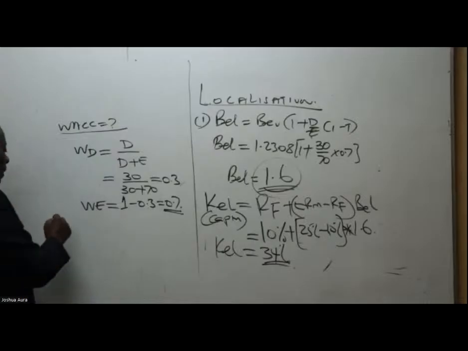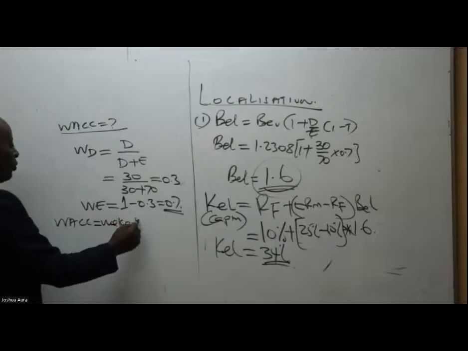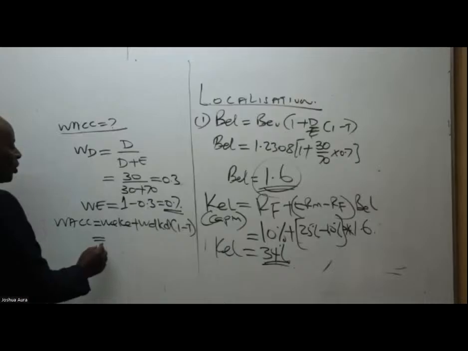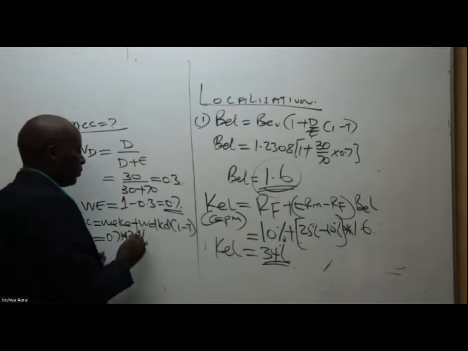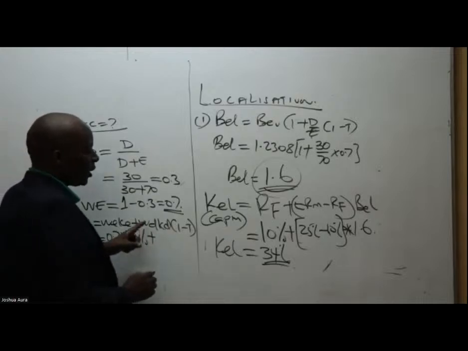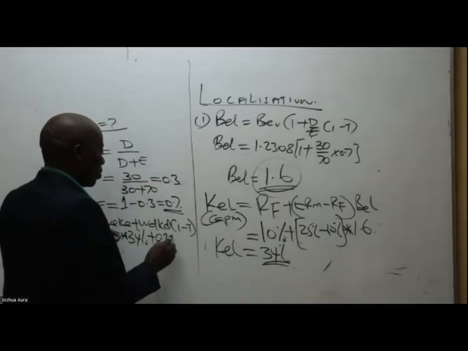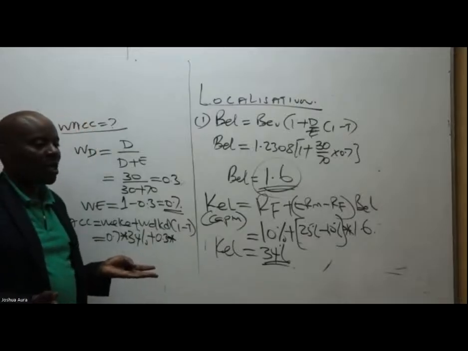The WACC will be weight of equity times cost of equity, plus weight of debt times cost of debt times 1 minus tax. So weight of equity is 0.7, the cost of equity we already have as 34%, plus weight of debt, which is 0.3. Cost of debt, has it been given expressly or do we work with risk-free?